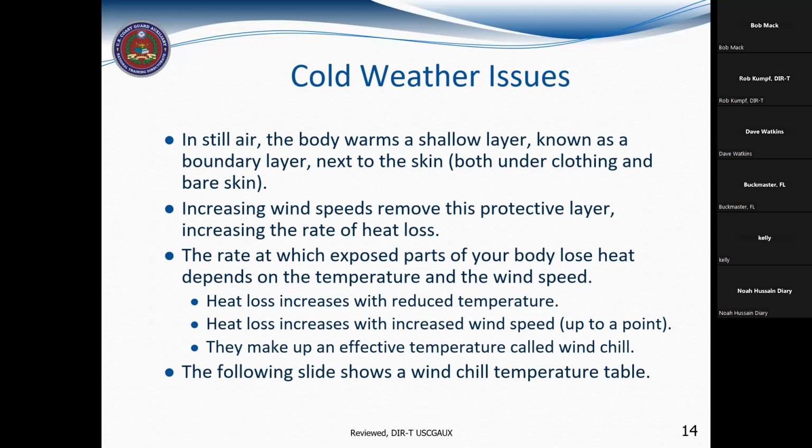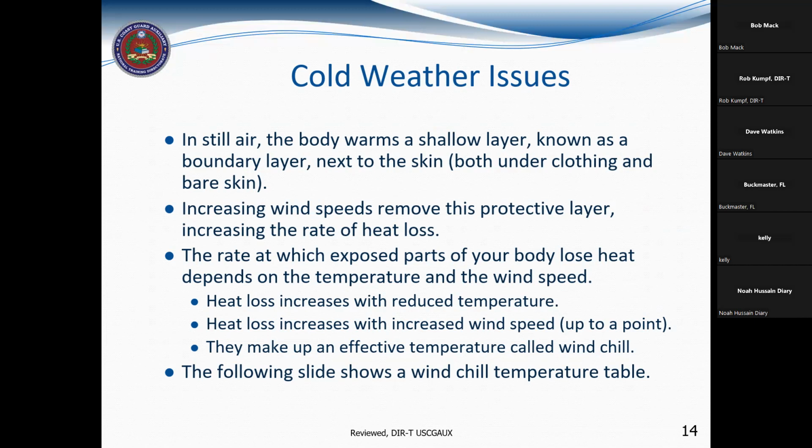The rate at which an exposed body part is going to lose heat depends on the temperature and the wind speed. So we want to be aware of that, but frostbite is an issue we need to be aware of, and hypothermia. You can get hypothermia without even thinking that it's too terribly cold, but you're sitting there long enough that you lose enough body heat that you start to get chilled.